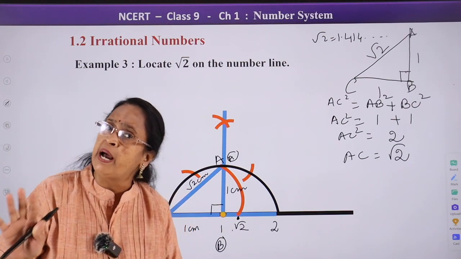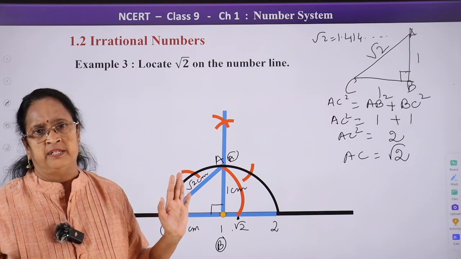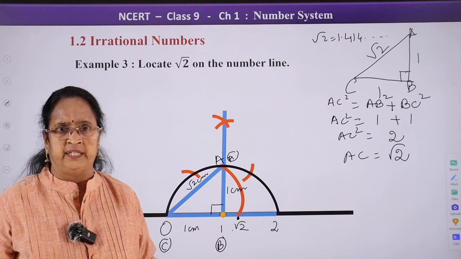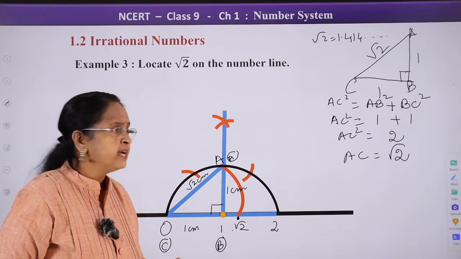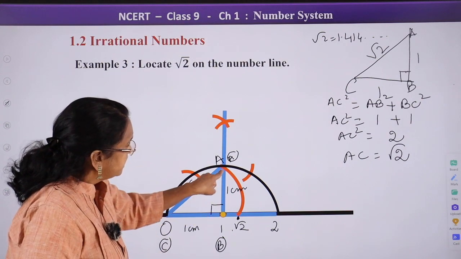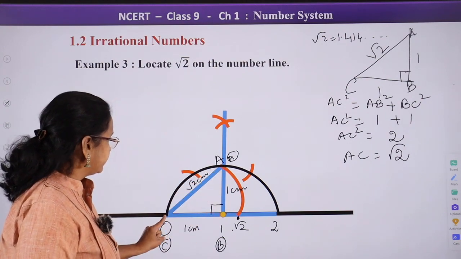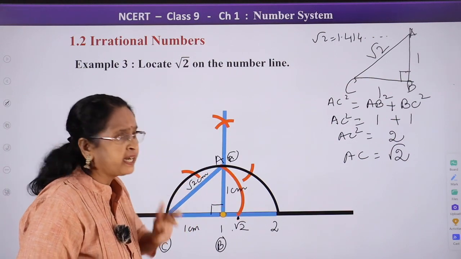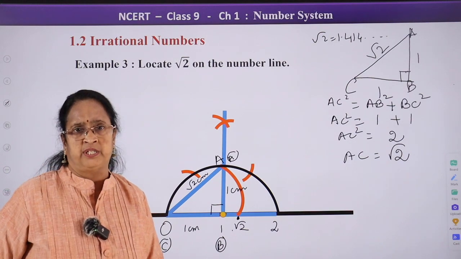If it shows 1.4, that means your construction is absolutely right. The only care you should take is to see the 90-degree point and the point from where the arc, the semicircle, is drawn. All that is very, very important.